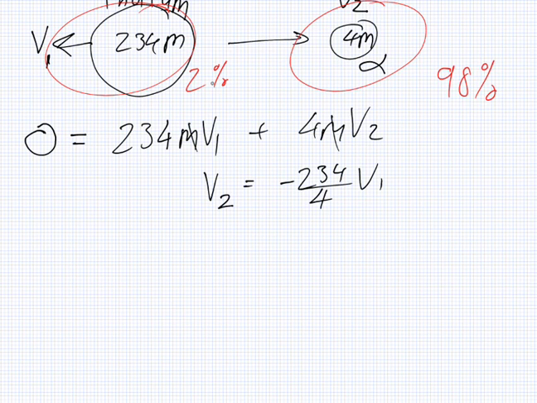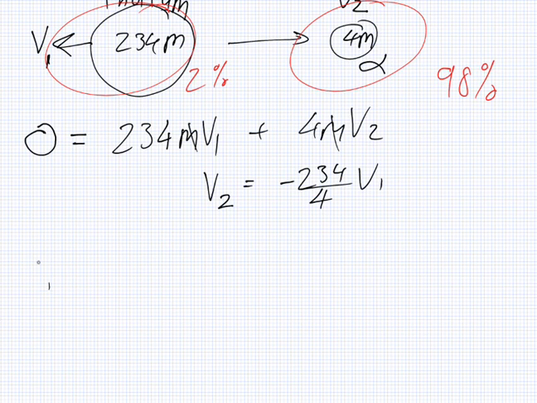So now we are asking, how can I show 98% of the kinetic energy is in the small one and 2% in the big one? Well, what do you think? What could we do first? Any ideas? Well, maybe the first thing would be to calculate the kinetic energies for each of them, right? So I should find out how much kinetic energy is in each of them and see what happens.